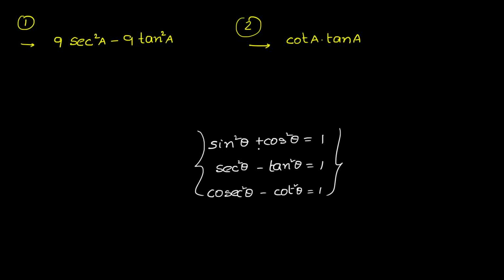Only the first identity involves the plus symbol. The remaining identities are based on the negative symbol.